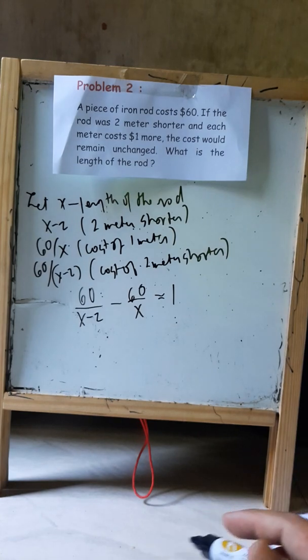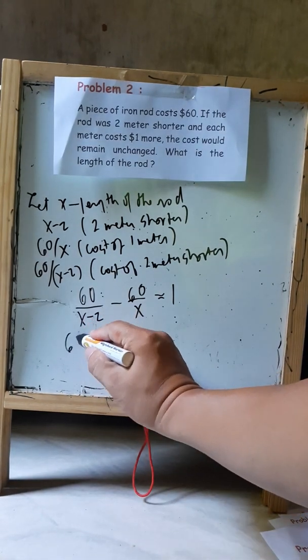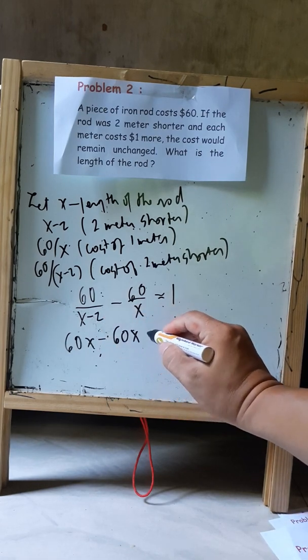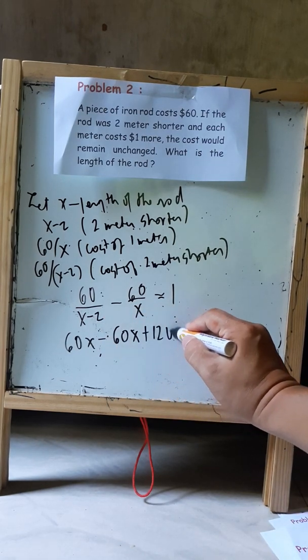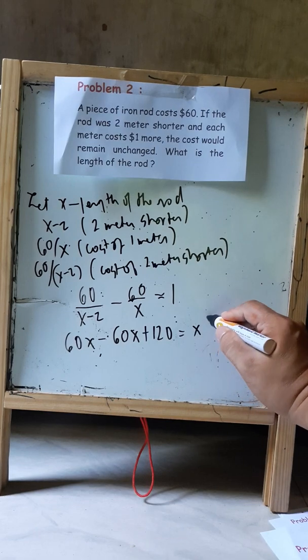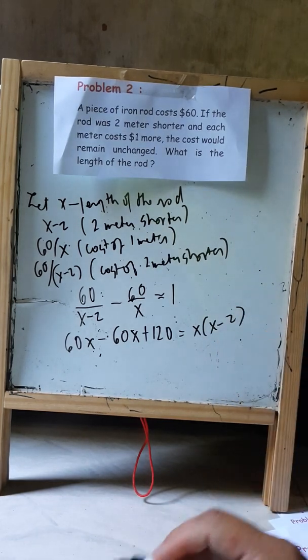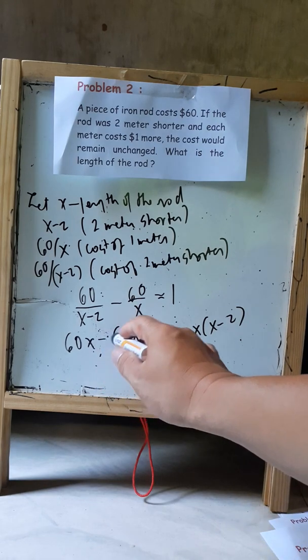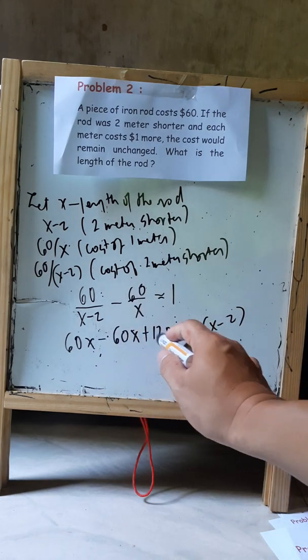So we have 60x minus 60 times (x minus 2), which is 60x plus 120, equal to x times (x minus 2). 60 times x is 60x, minus 60 times (x minus 2) is 60x plus 120.